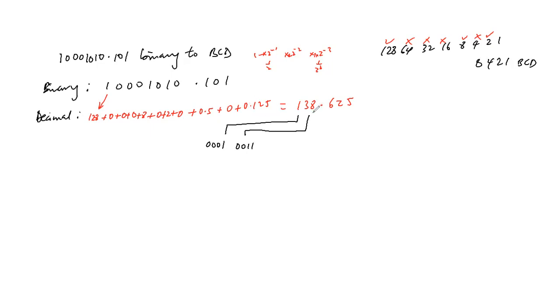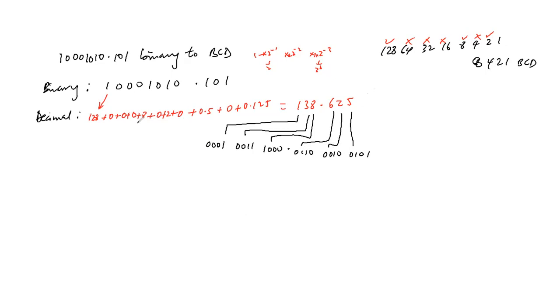And then 8 we turn on, so use the first bit, that is 1000. Dot 6 is turned on, that's 4 plus 2, so that will be 0110, and then 2 is turned on, that's 0010, and then 5 is turned on, 4 and 1, 0101.